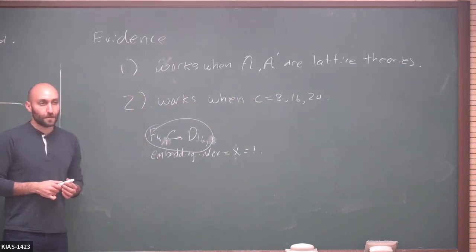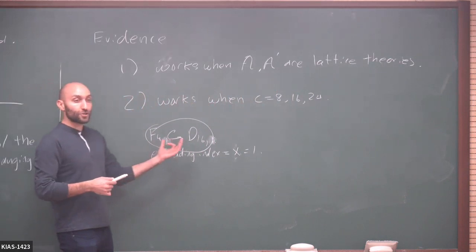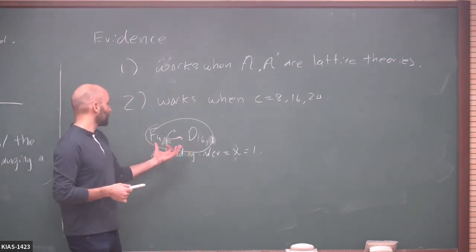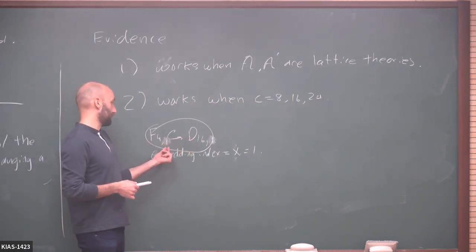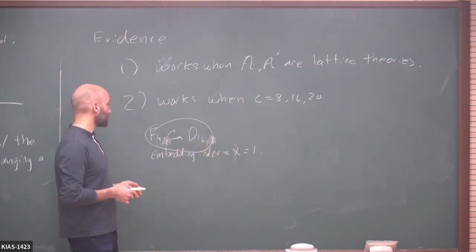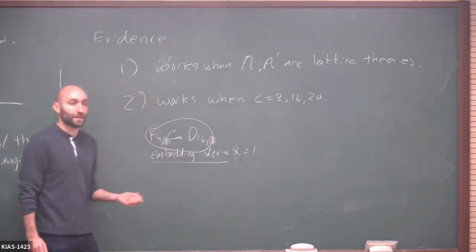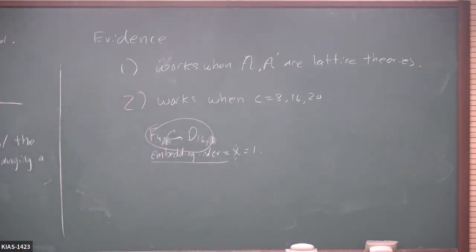So you need a conformal embedding, right? It doesn't need to be conformal, no. Conformal embedding means the central charges match. But the central charges don't need to match. It just needs to respect the levels of the things being embedded. Okay. Yeah. And that's completely captured by this notion of embedding index. Yeah.